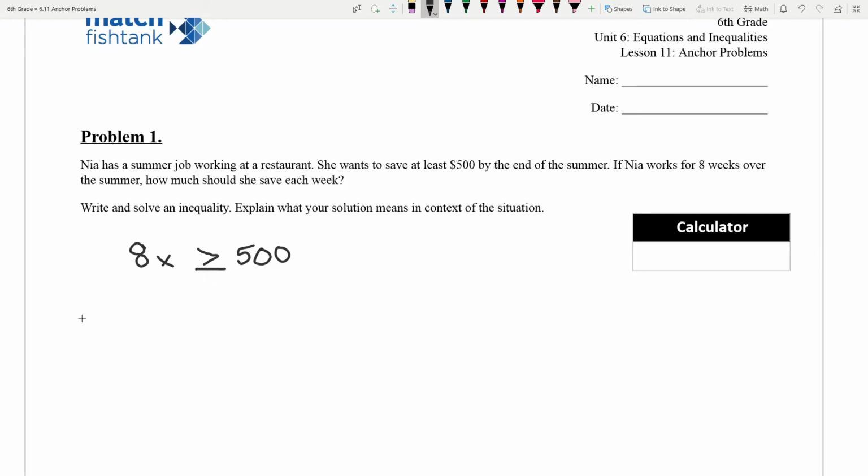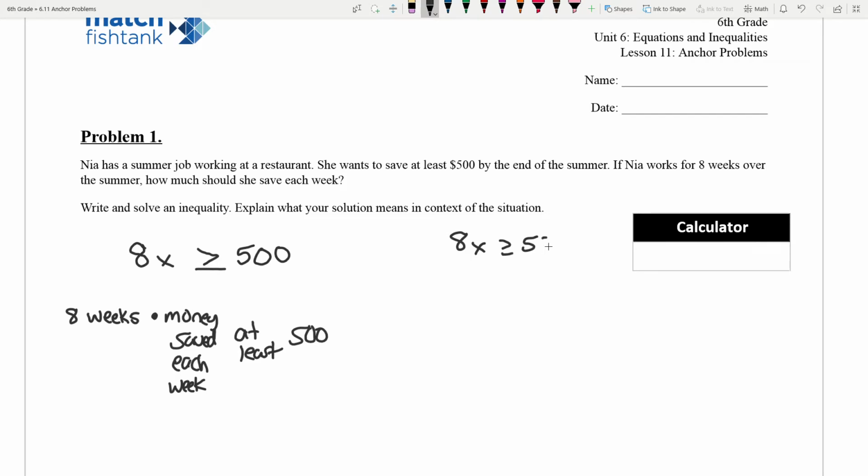In other words, the 8 weeks multiplied by the money saved each week wants to be at least $500.